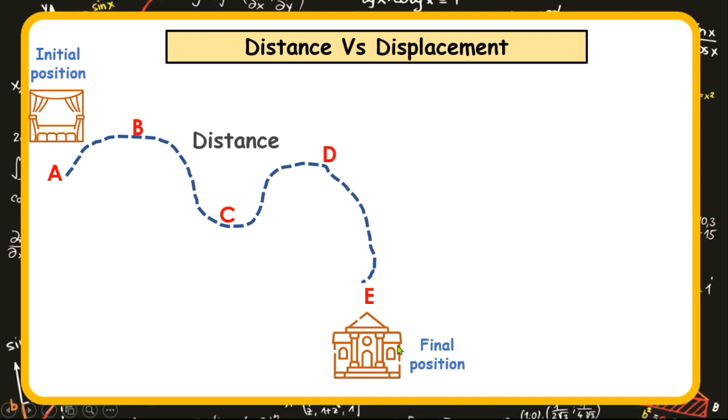And the route taken is referred to as distance. So you say you have covered all these distances, A to B, B to C, C then to E, D, then D to E. And that is distance. And distance, as explained, is the total sum of the path covered by a body.